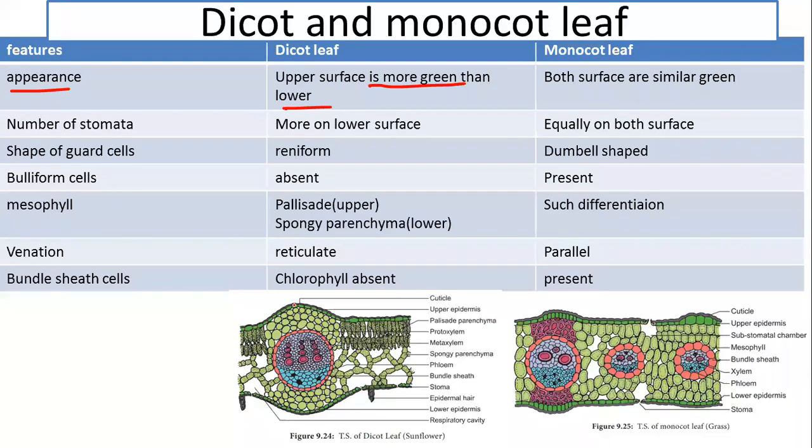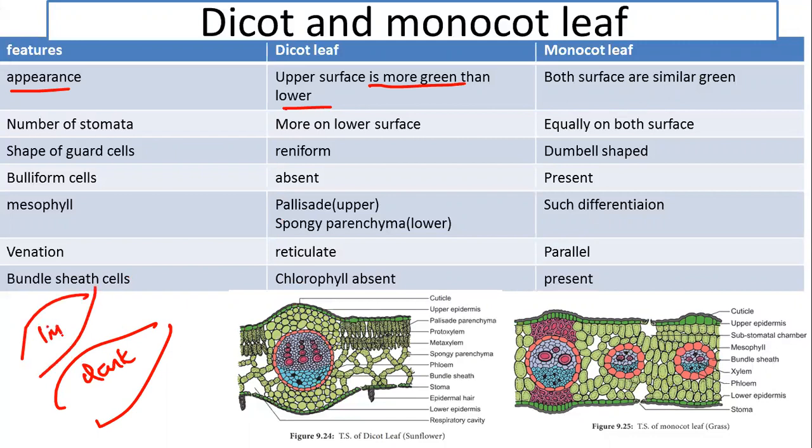When we talk about a leaf, the upper region will be dark and the lower region will be light. So that is present in dicot, but in monocot leaf there is no such difference.